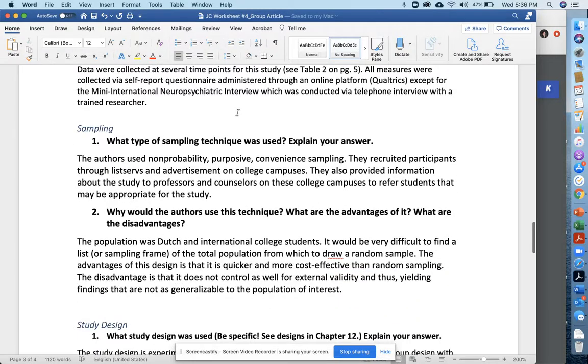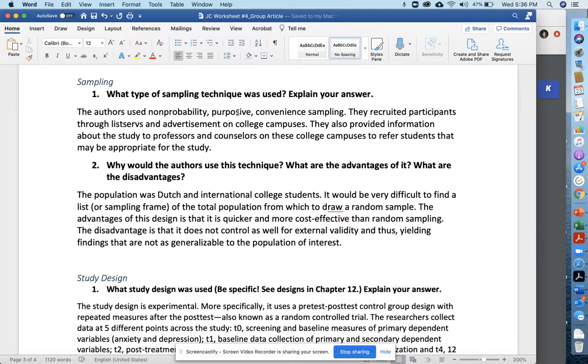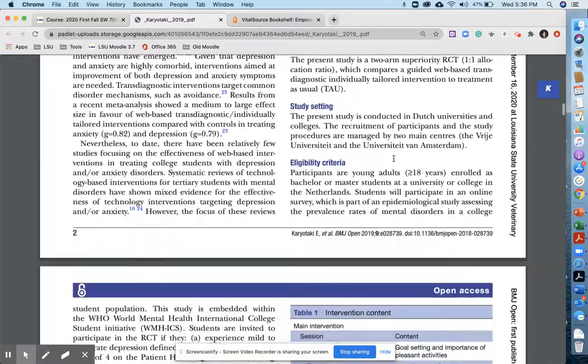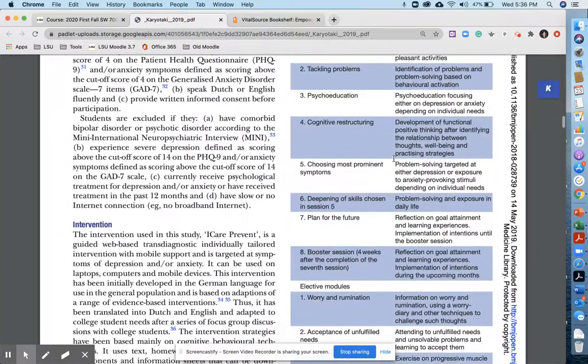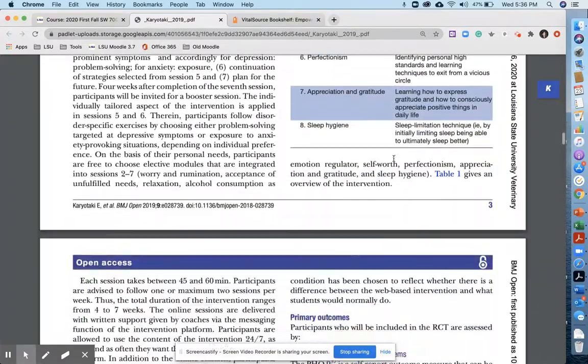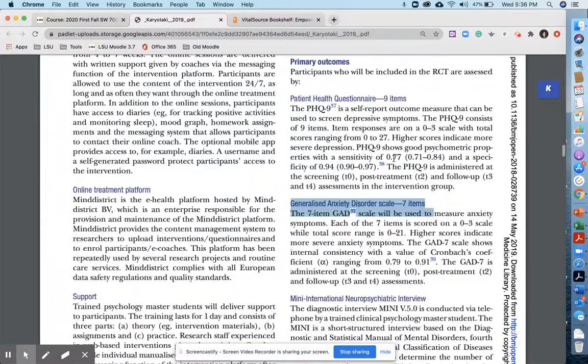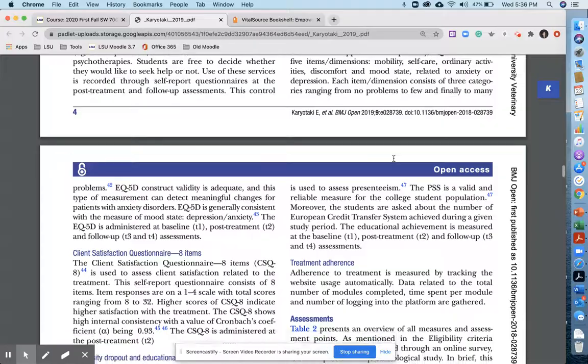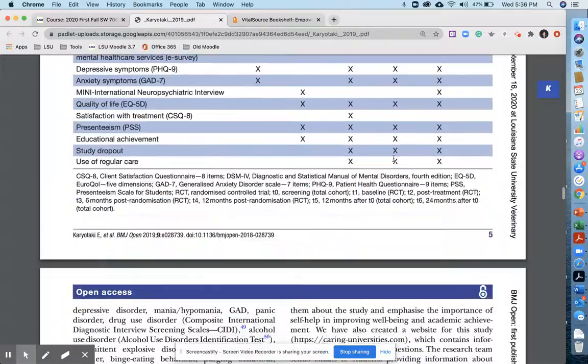All right, the next questions are about sampling. Let's go to the article and look for the recruitment section because in this article, that is where we find the most relevant information to answer these questions.